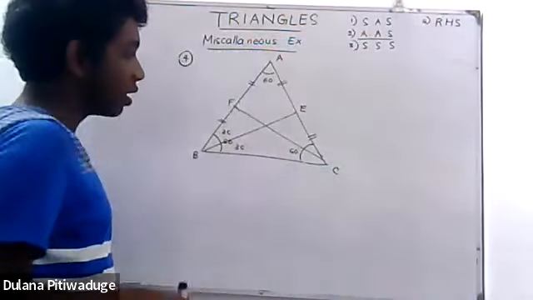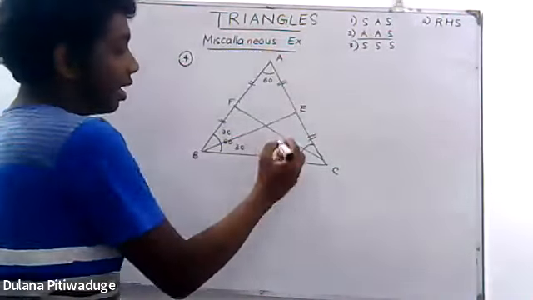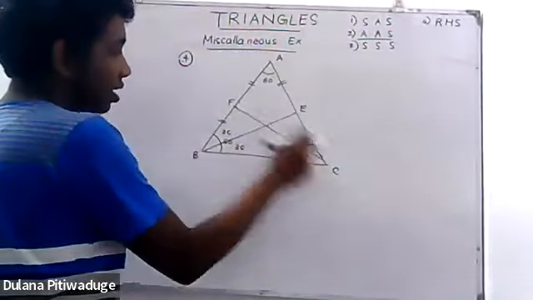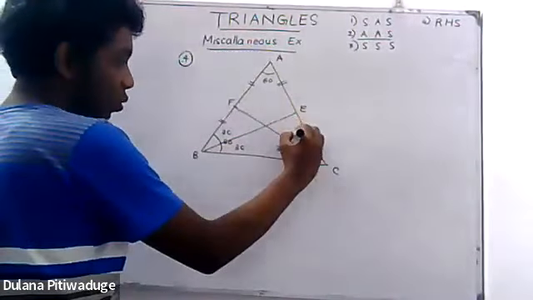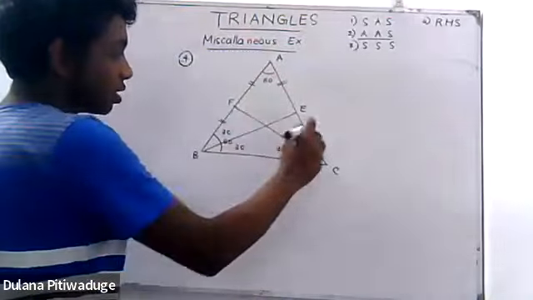So these angles are now half of 60, which is 30. If the line drawn from this vertex bisects the line in front of it, this line bisects the angle at that vertex of the triangle as well. Similarly, the same case here, this line bisects this angle, so these two angles are 30, half of 60.